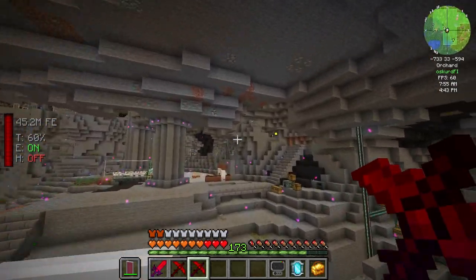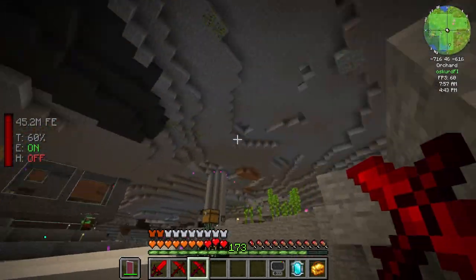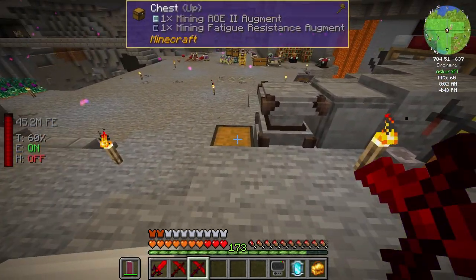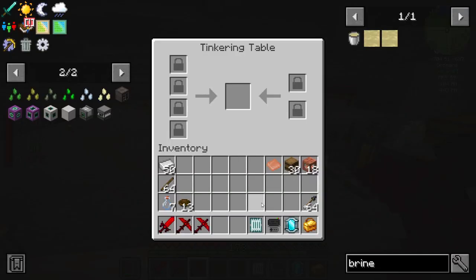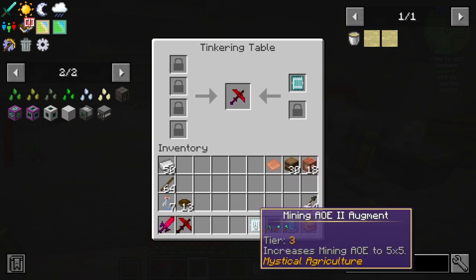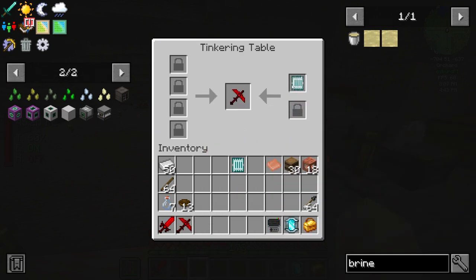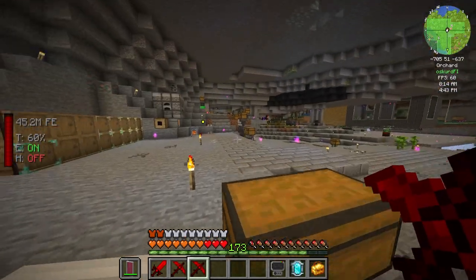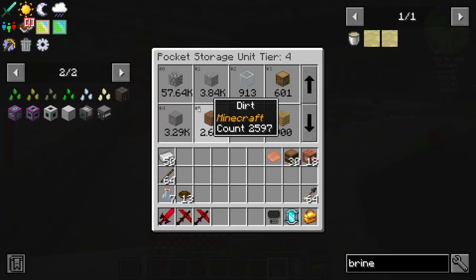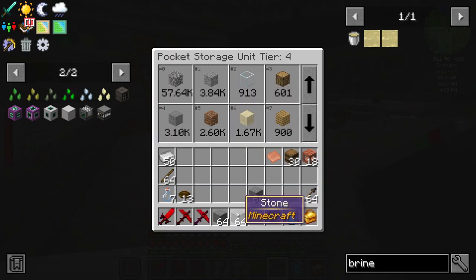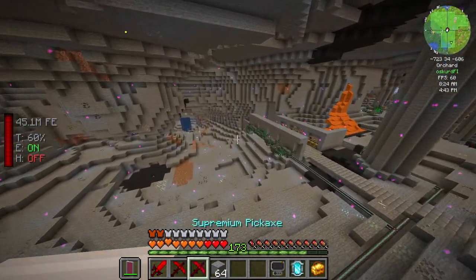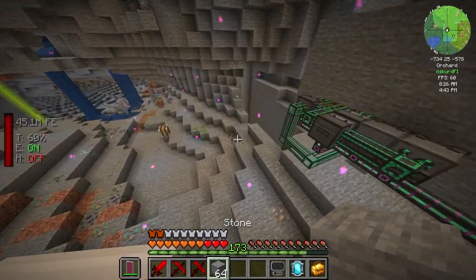I forgot to remove my 9x9 augment from my pickaxe. Thank you so much. Oh well, things happen.